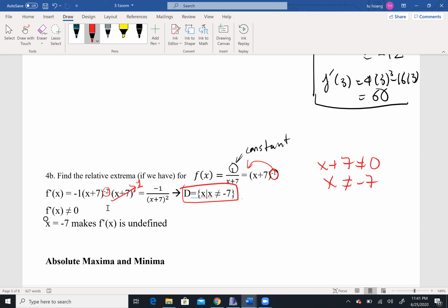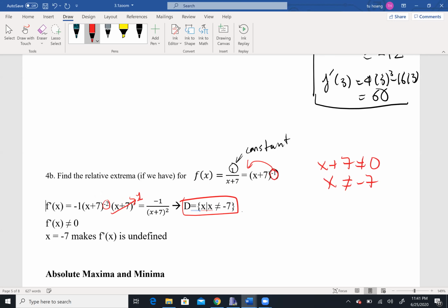And also, we noted that x equals negative 7 makes f'(x) undefined. However, this is not the critical value. I'm going to take some steps here so you don't forget.